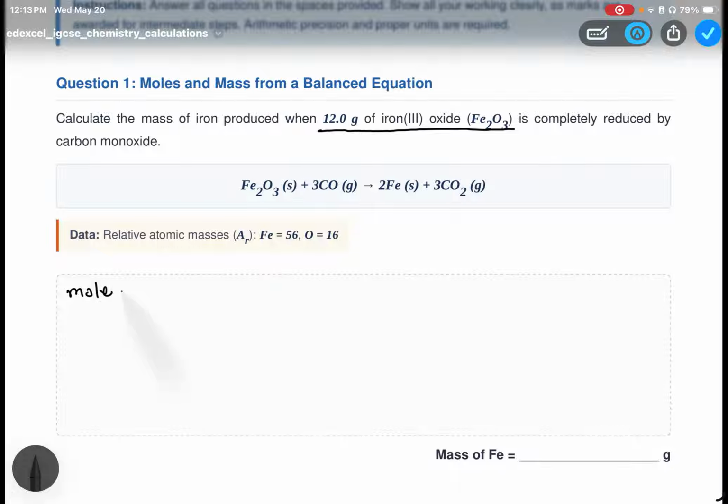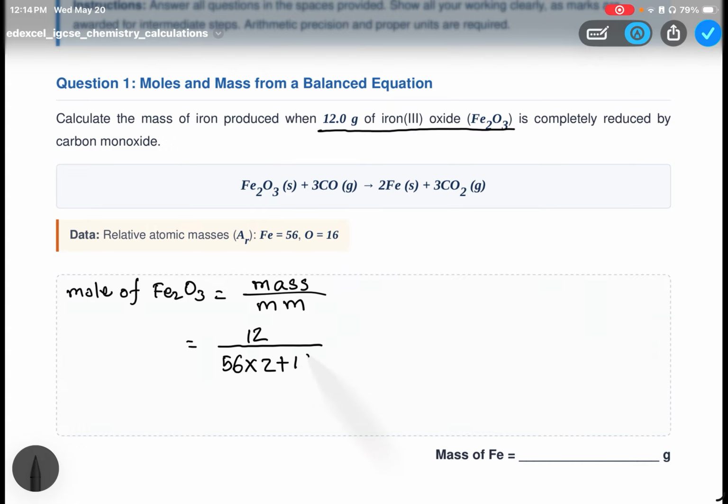So moles of Fe2O3 is mass over molar mass. I'll just use a shorthand. Now, the mass given is 12 grams. And the molar mass of Fe2O3, we already know the formula and also the relative atomic masses, right? So 56 times 2, because there are 2 irons, plus 16 times 3.